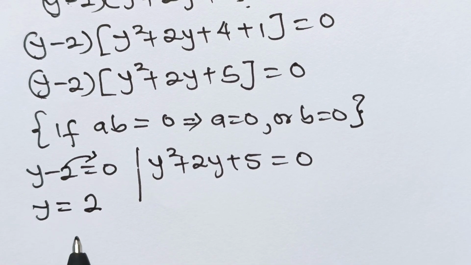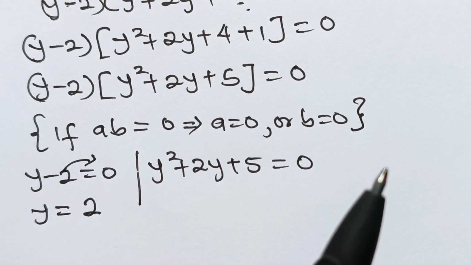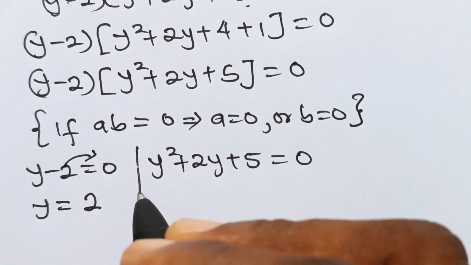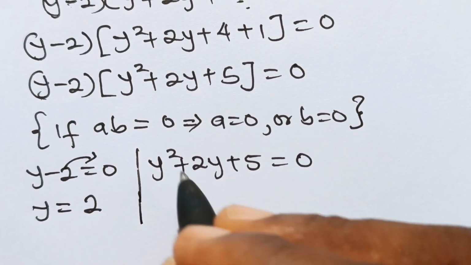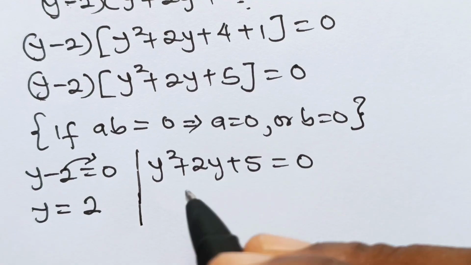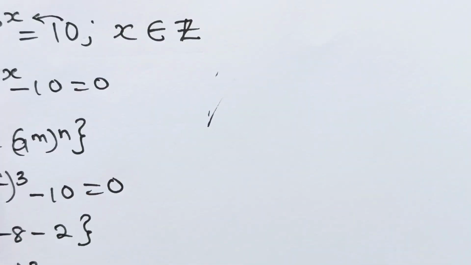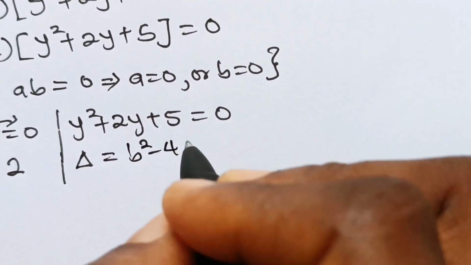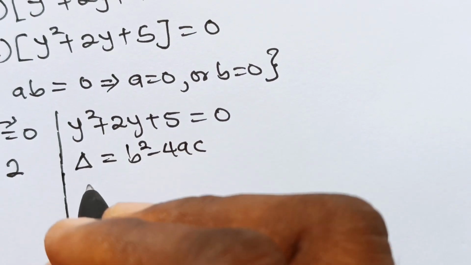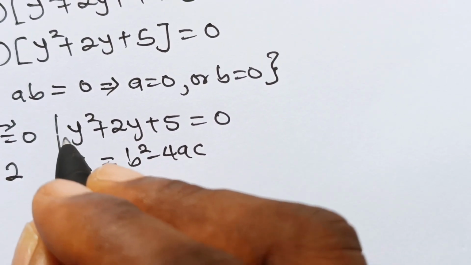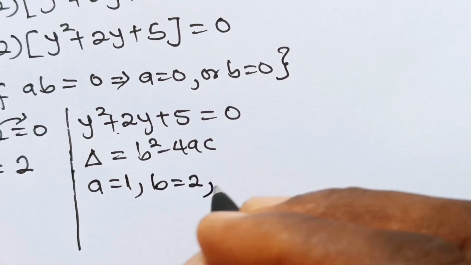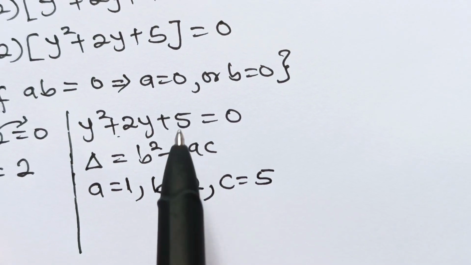Now, we are not looking for the value of y. We still get to this point and use y to get the value of x. Now, for here, we can only solve this using the quadratic equation formula, but before that, let's check the discriminant since we have a condition here. Discriminant is b squared minus 4ac, and here our a is 1, the coefficient of y squared, our b is 2, the coefficient of y, and c is 5, the constant.